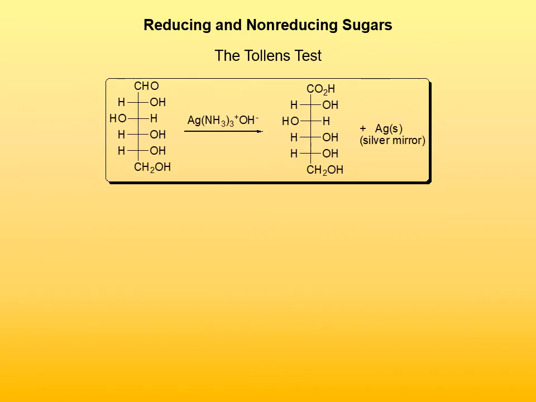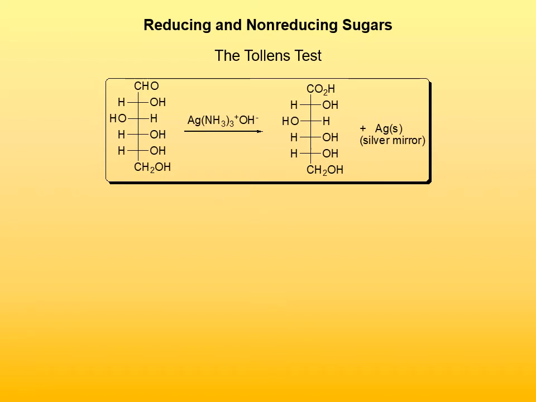Silver is, in the course of the reaction, reduced, so silver 1 plus ion is reduced to metallic silver, and if the reaction is done properly, a silver mirror deposits. So that's a positive Tollens test, deposition of a silver mirror. And in fact, that's how silver mirrors are prepared.